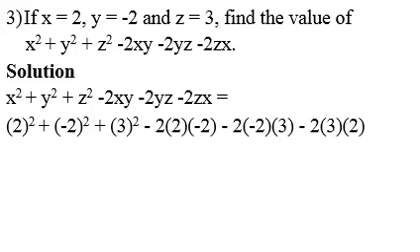negative 2. So this 2 and negative 2 are the values of x and y respectively. So here you have minus 2xy, but the value of x is 2 and the value of y is negative 2.